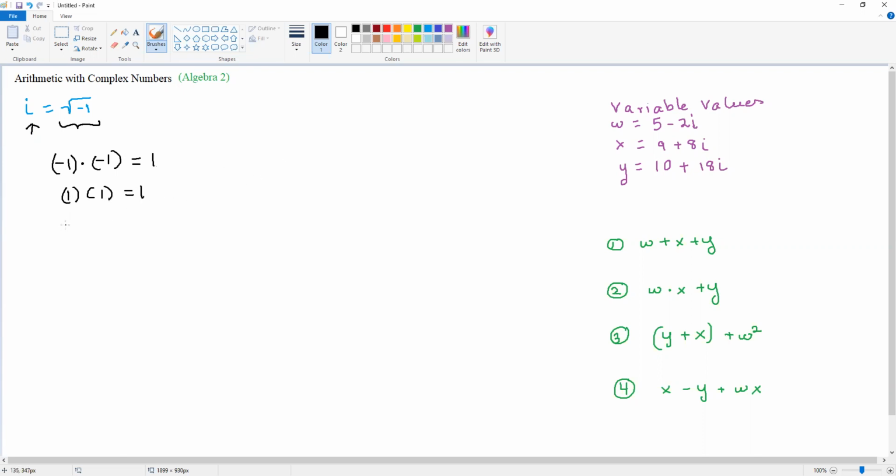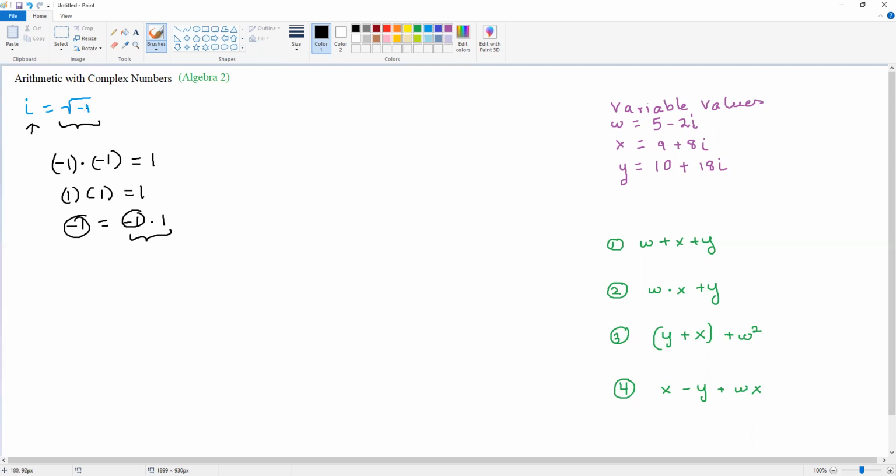However, we can't have two of the same numbers multiplied to give us a negative number. There's always going to have to be one negative number and one positive number.